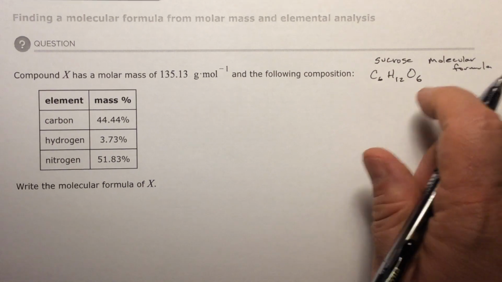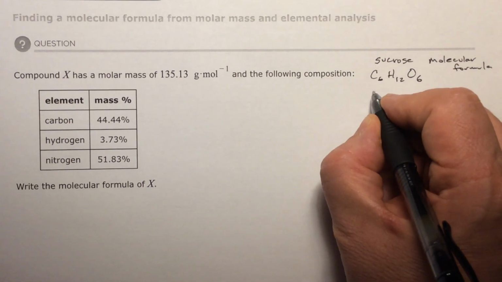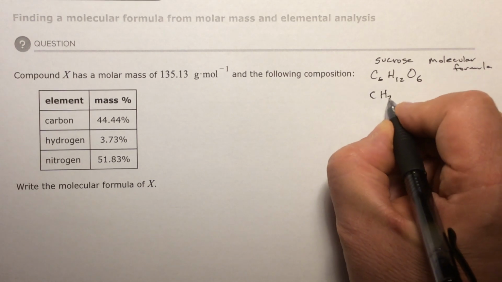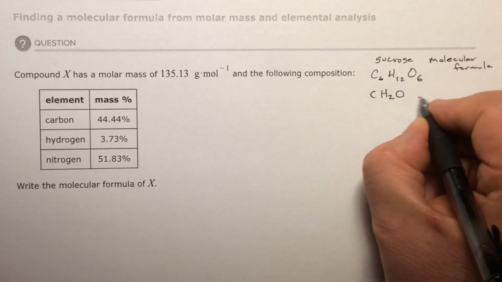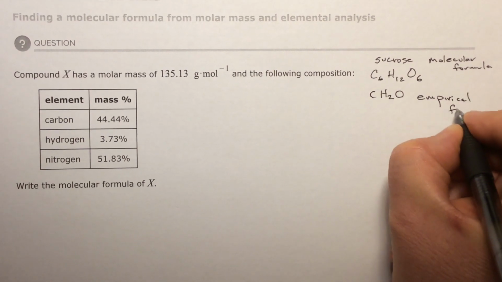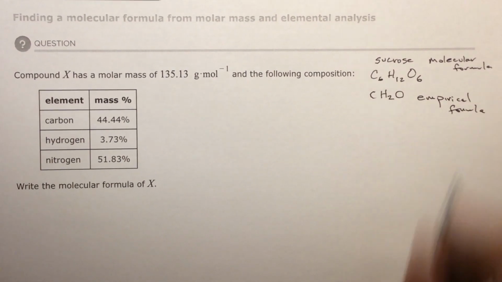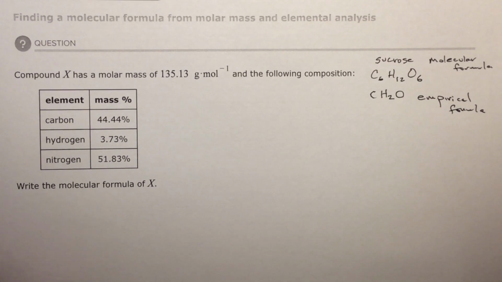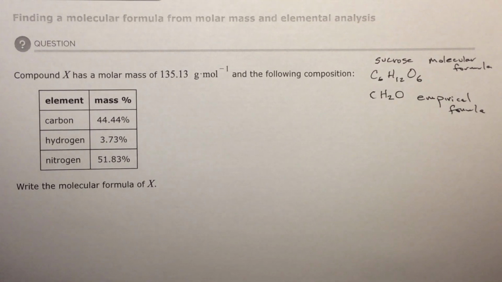So I could say that its empirical formula is CH2O. This is the empirical formula. So an empirical formula is just the ratios, 1 to 2 to 1 in this case. The molecular formula is not just the ratios, but what you actually have in a molecule.